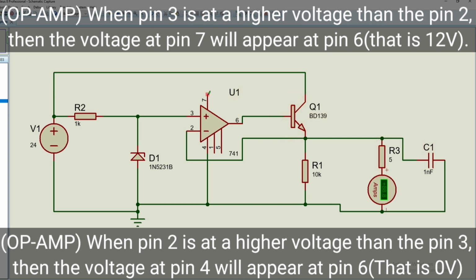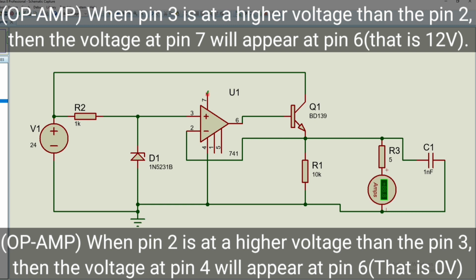Next, the voltage from base to emitter of this transistor is about 5 volt, so 5 volt appears over here at the conduction point. So here the maximum voltage should be 12.